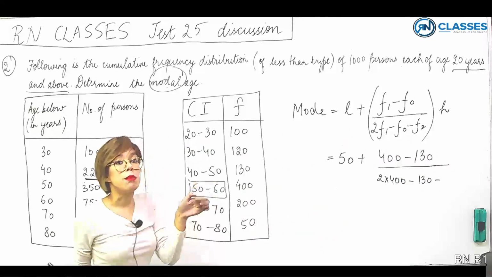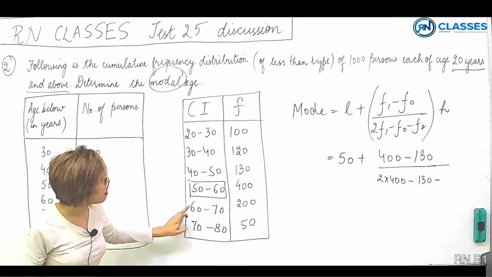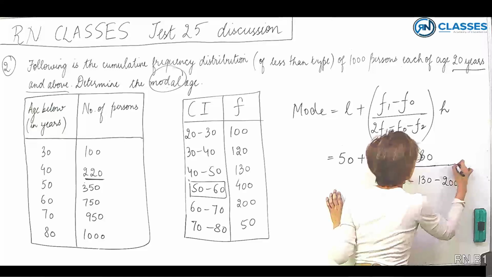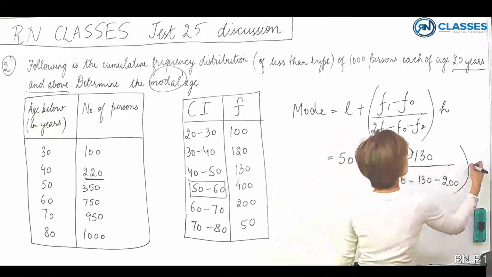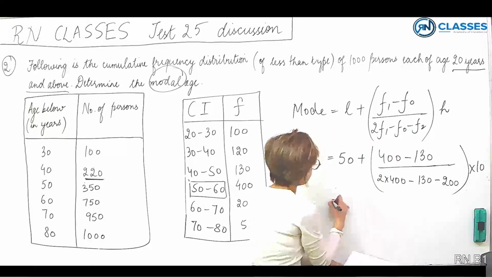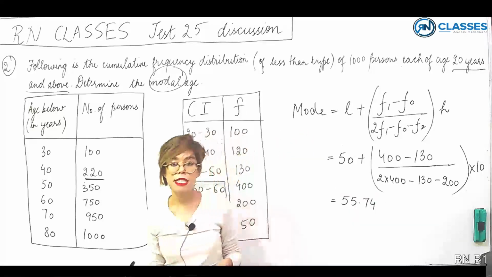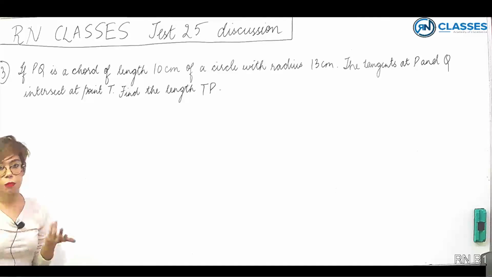F2 is the frequency of the class succeeding the modal class. So this is the class, frequency is 200. Right? Into class size of the modal class, so that is 10. So into 10. You can very well find it out. This turns out to be 55.74.